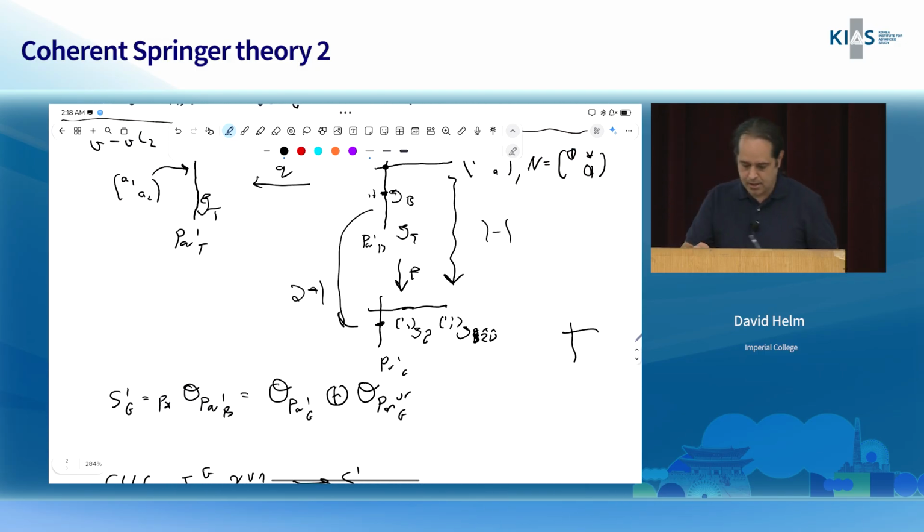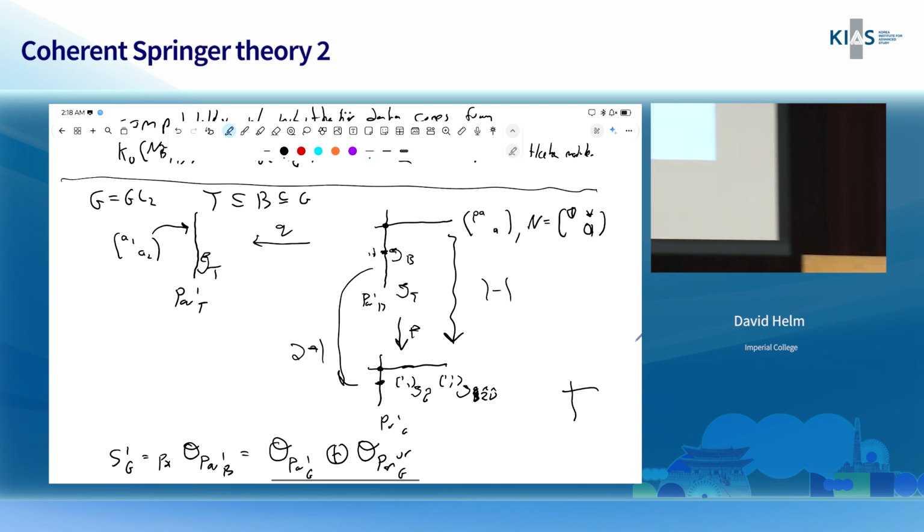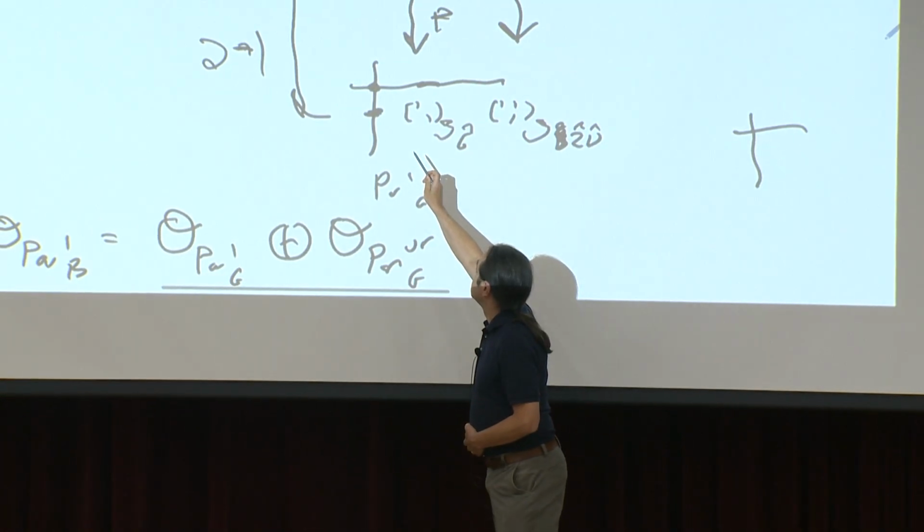But if you look at what's going on in terms of the picture, on Par_1 G, the parabolic induction in one order lives at this intersection point.